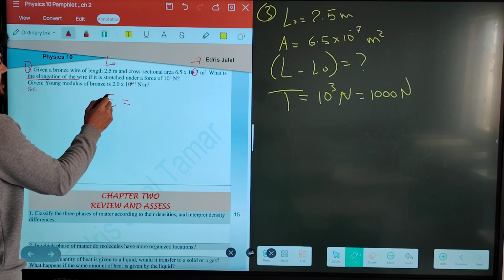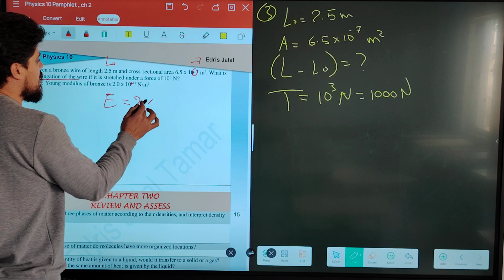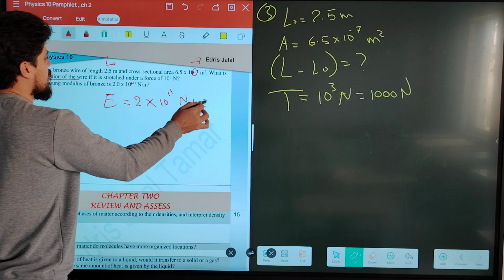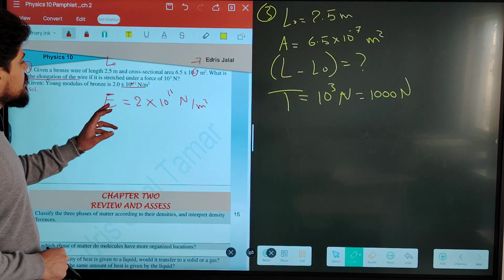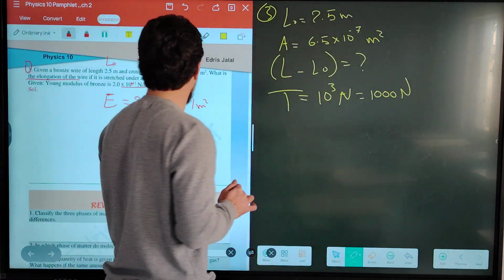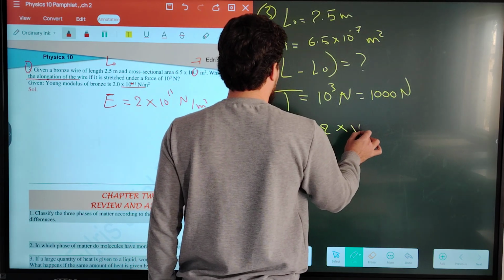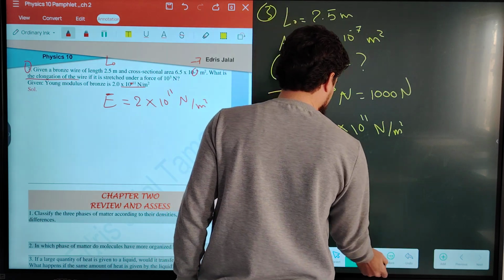In the book it was written as 10 power negative 11, but actually this is 10 power positive 11 Newton per meter squared. Correct this mistake in the book, okay? Young's modulus was given, guys, as 2 times 10 power 11 Newton per meter squared.